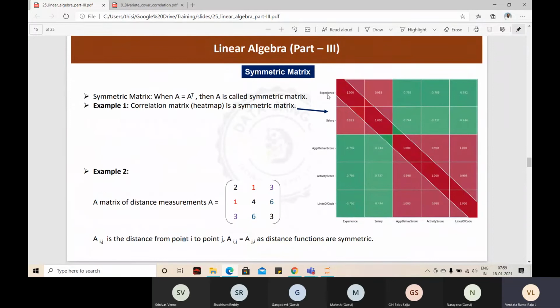Say there are 1, 2, 3, 4, 5 columns. When you calculate correlation or covariance, you see there is a very strong positive correlation between experience and salary. And the average behavior score and salary have a strong negative correlation.